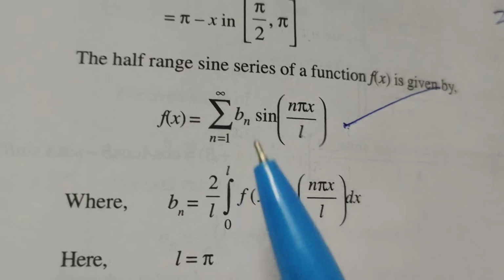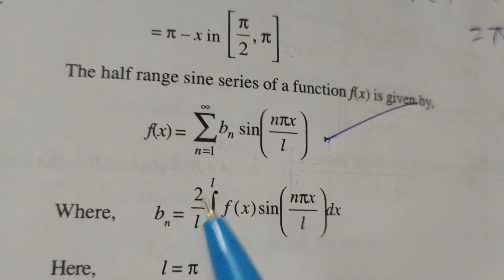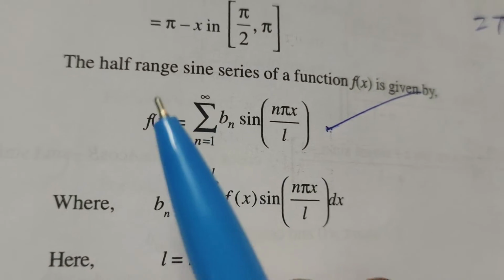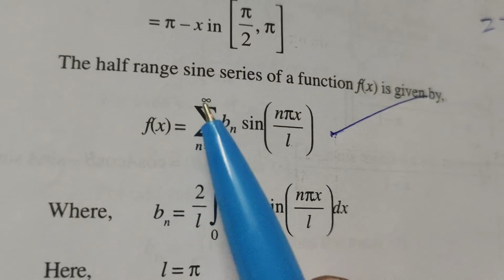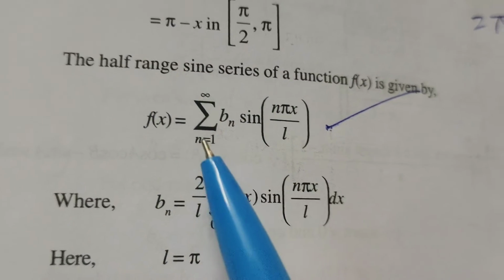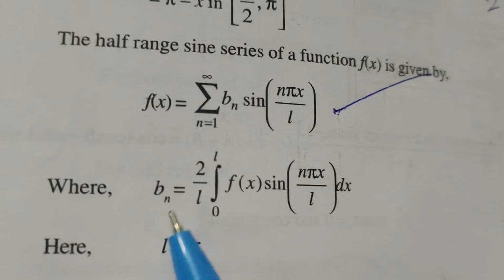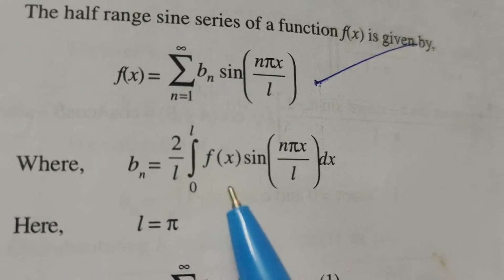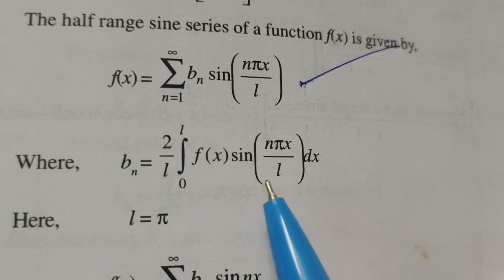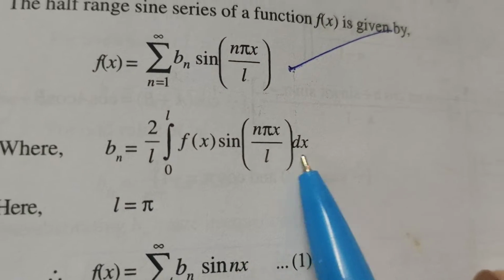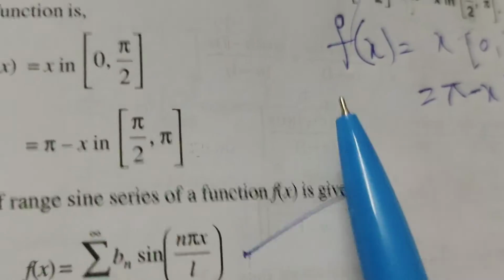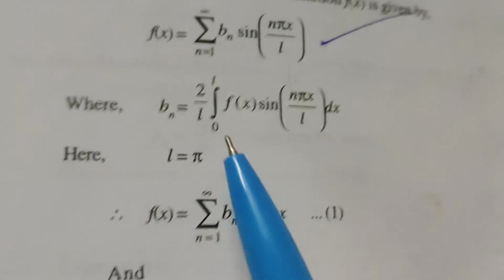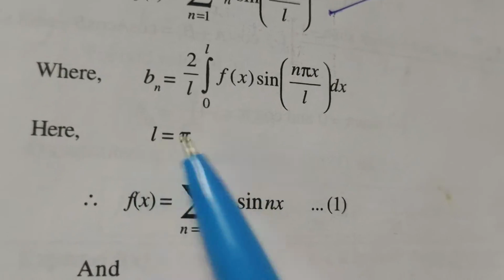In this, bn means the Fourier constant. Now write the formula. In the half range sine Fourier series expansion, the constant bn equals 2/L times the integral from 0 to L of f(x) sin(nπx/L) dx. Here L equals π, because the interval is 0 to π.